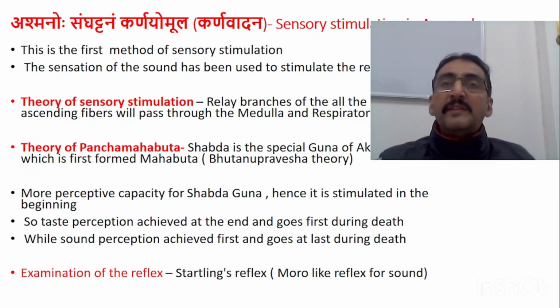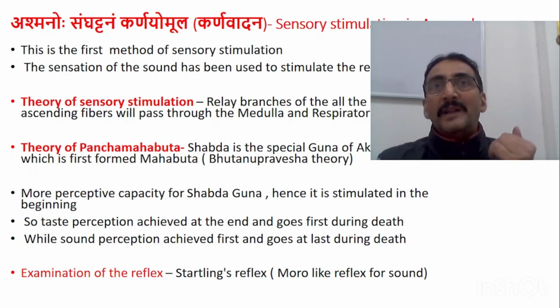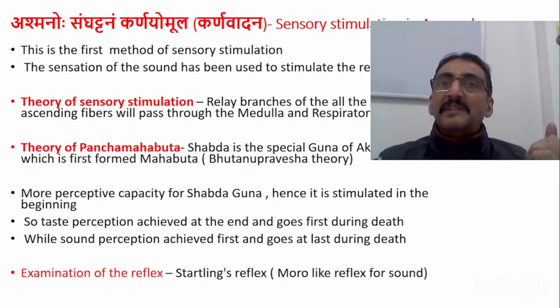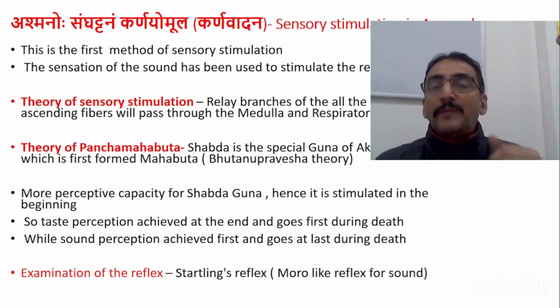Therefore, with each sensory stimulus, we will have an effect on the respiration also. You just observe, when I pinch, you will have a pain sensation and your respiration stops for a moment. Because the pain sensation, which is carried by sensory fibers, when passing through the medulla oblongata, also gives a relay branch to the respiratory center. Therefore, respiration is also affected.